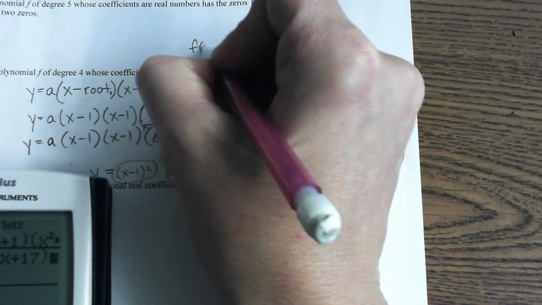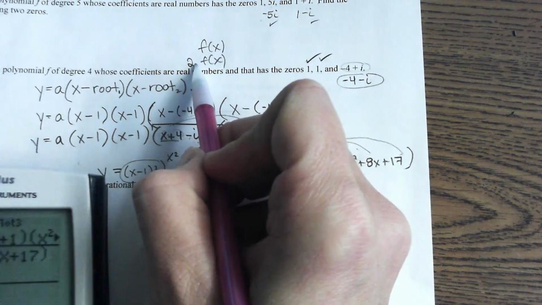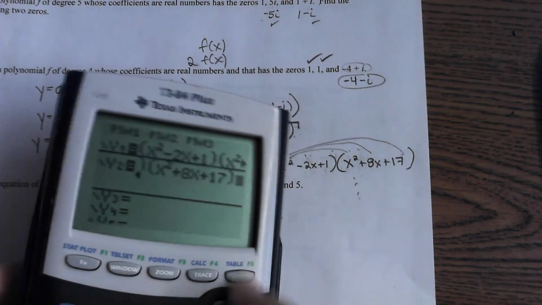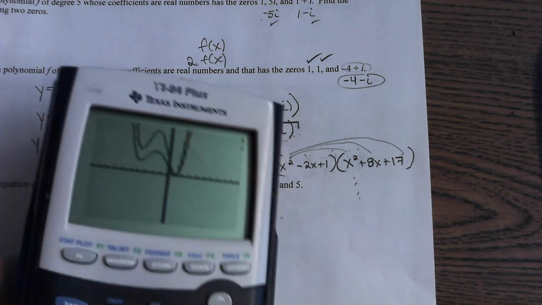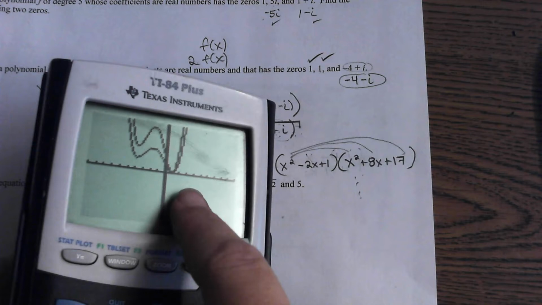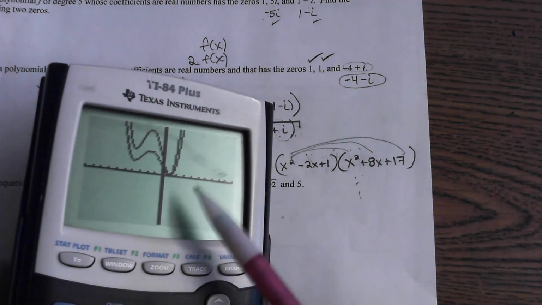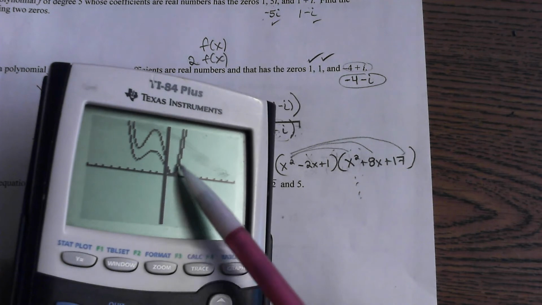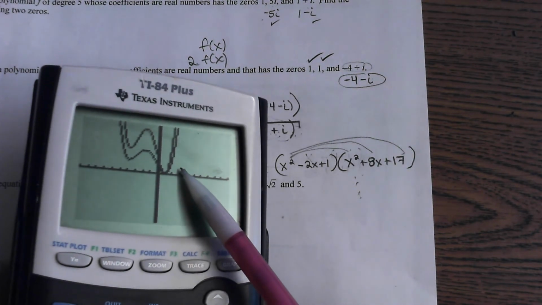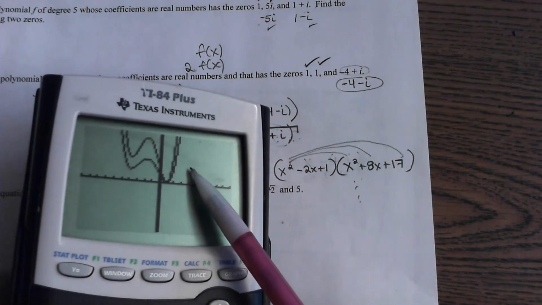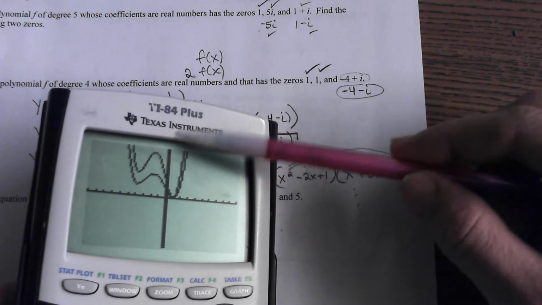If I have an f of x and I compare it to 2 times f of x, when you put a 2 out in front, it's going to stretch it vertically by a factor of 2 from the x-axis. So it does get stretched taller and skinnier, right? The roots aren't going to change. That double root still was there, because if you were on the x-axis and you're doubling from the x-axis, if you were already on it, you're still going to be on it. So it's stretched vertically, so our roots are the same, but it got pulled up.